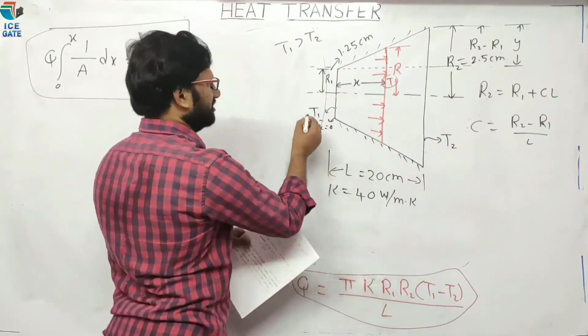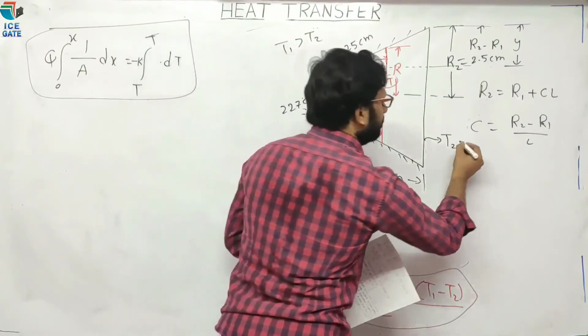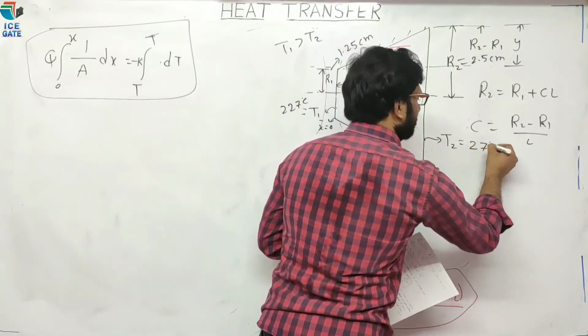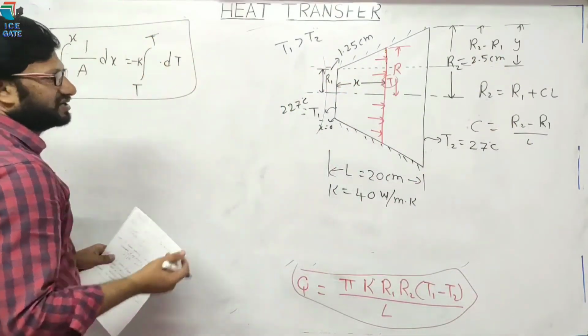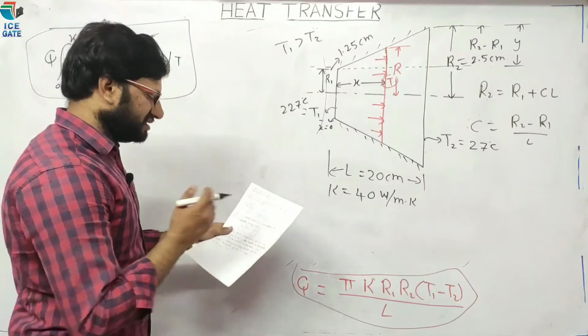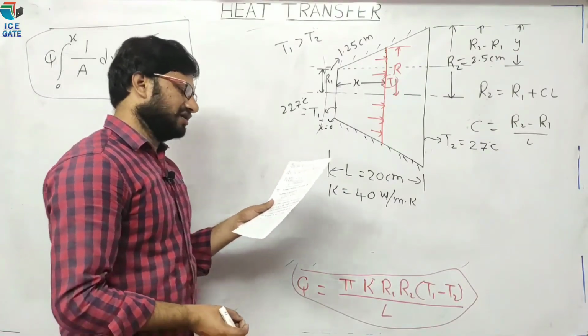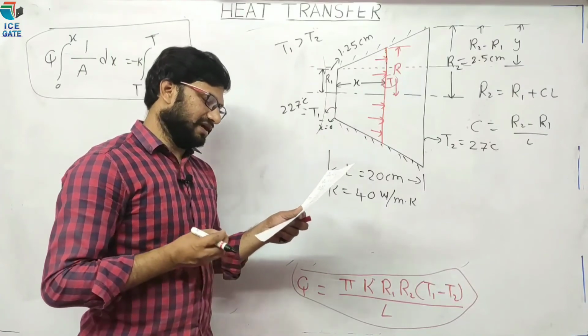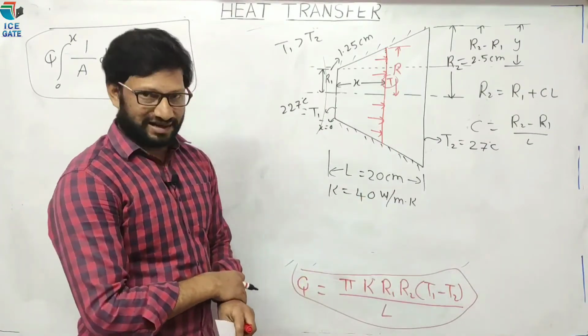Given temperatures, T1 is equal to 227 degrees centigrade and T2 is 27 degrees centigrade. Now simply all the values are given. Under these assumptions, consider steady state one dimensional heat flow. Calculate the heat transfer where K is 40 watt per meter Kelvin.